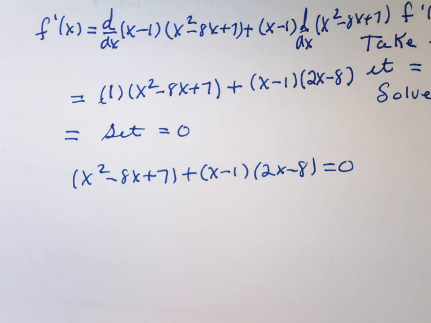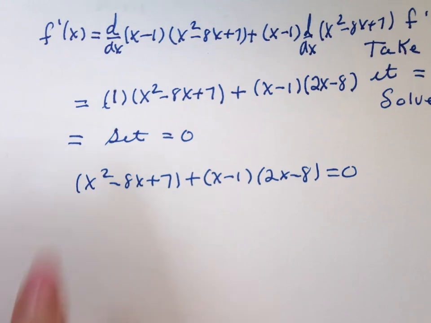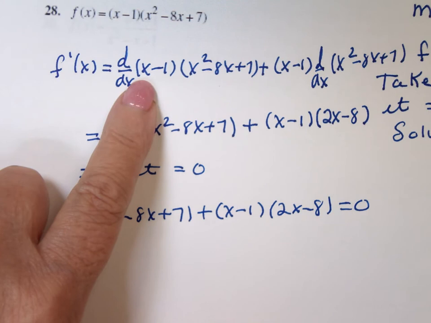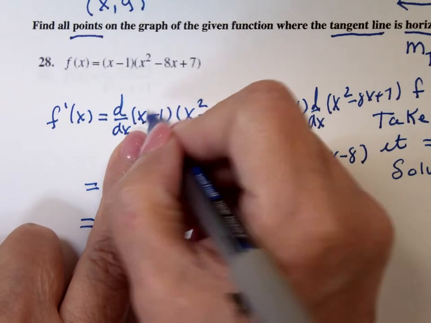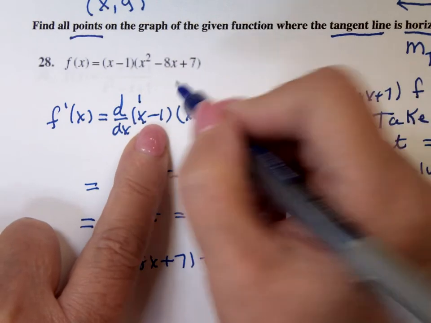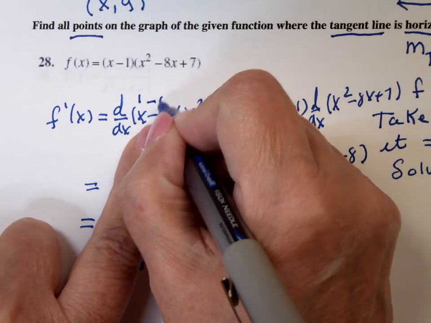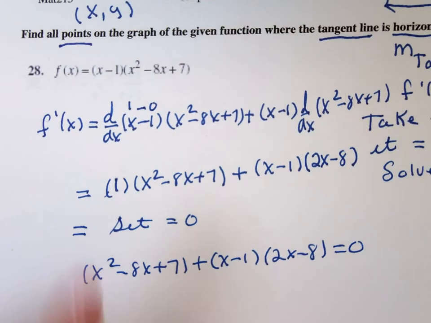Wouldn't that first factor with x minus 1 end up being 0 because the derivative of x would be 1? No, because the derivative of x is 1 and the derivative of 1 is 0. So 1 minus 0 is 1.